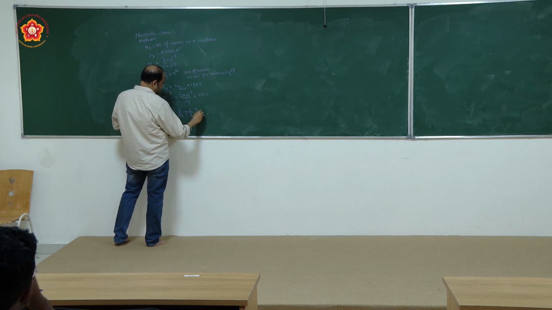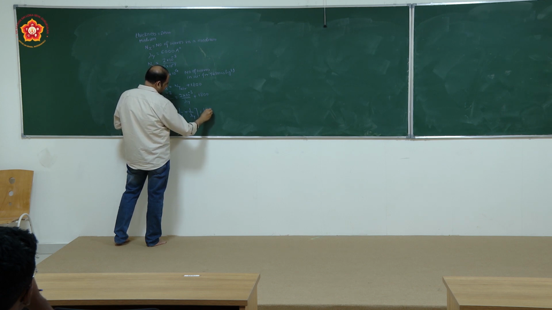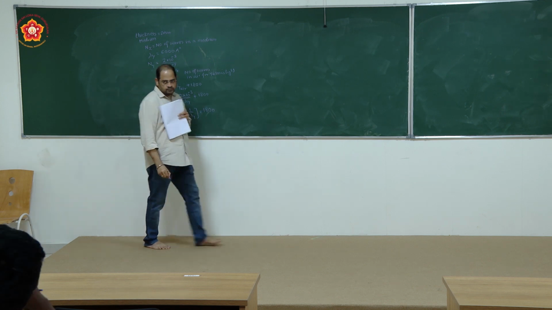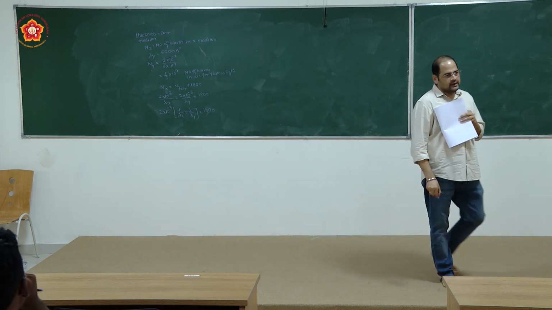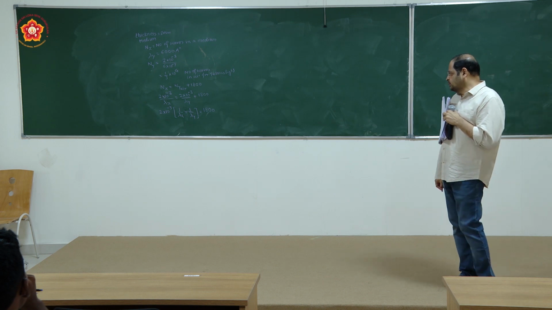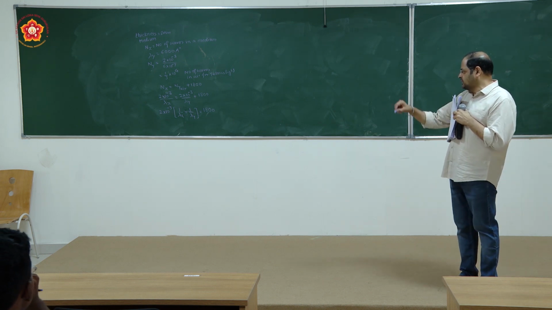I have taken 2 is equal to 1800. Check it out, this part. I'm taking that term 2 into 10 to the power minus 3 upon lambda y to the left side.